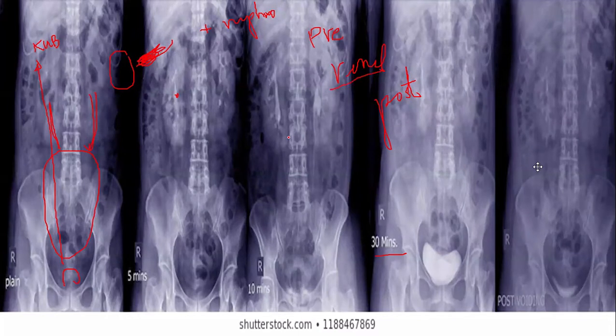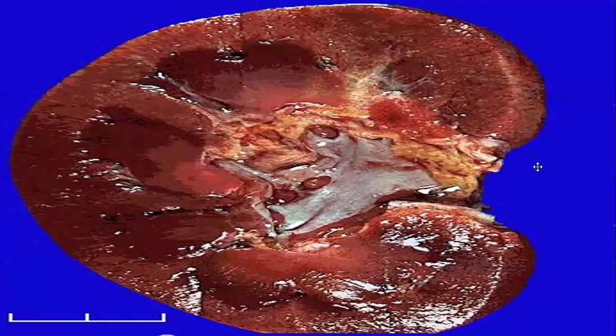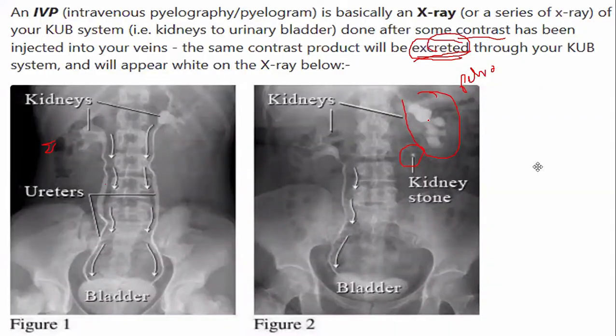So therefore, in KUB, IVP, you are not just looking at the anatomic. Like for example, in our patient kanina, previously, you have a stone. You will report this one as normal anatomic calyces, pelvis, ureter, and urinary bladder on the right, but promptly excreting.